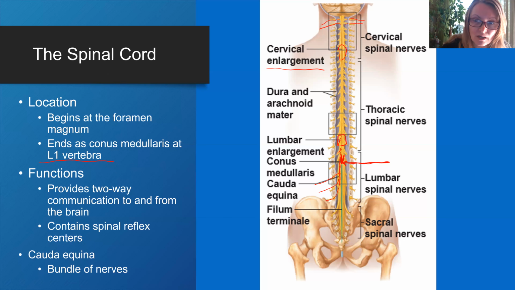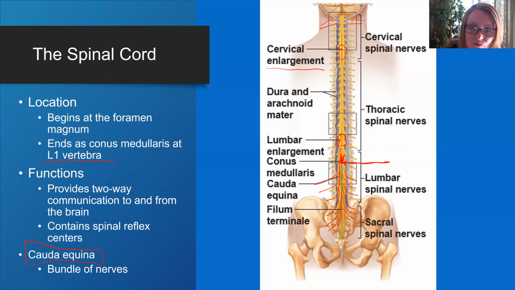And because they go down first before leaving the vertebral cavity, this area at the bottom has a lot of nerves, right? And it's called the cauda equina. It means horse's tail. It's a bundle of nerves in the most inferior part of the vertebral cavity.